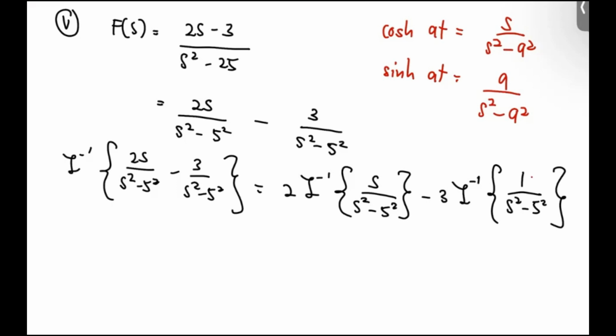Here I need to have 5 in the numerator, so I need to divide by 5. So I have 2 cos 5t minus 3 over 5 sine 5t.